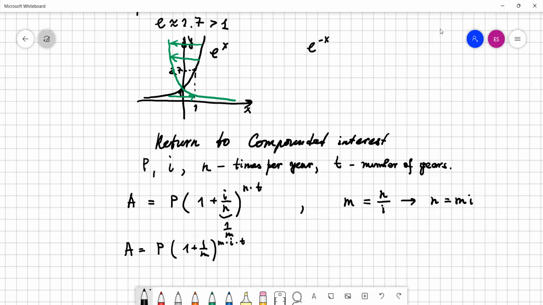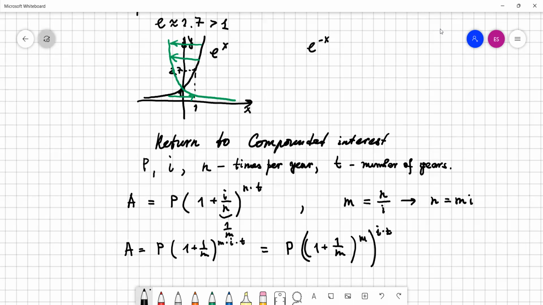Now, guys, I'm going to put I and t outside and write down P times (1 + 1 over m) to the power of m, and this one goes to the power of I t. Well, because when we multiply exponents, we actually raise a power to the power, right?